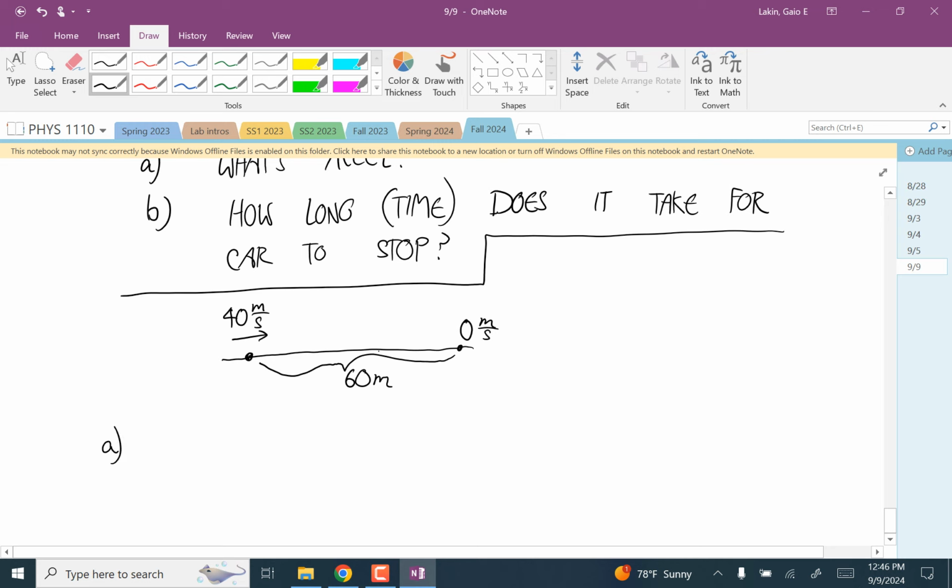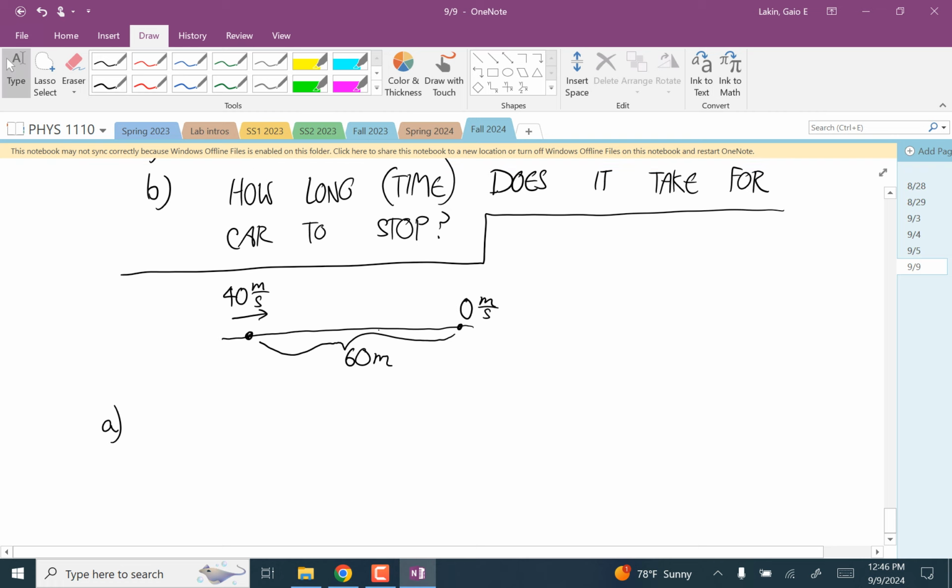Okay, so I'm going to start with part A, and I'm going to think of these as 2 totally separate questions. So first we have to choose where to put our stickers, what our 0 position is, what our positive direction is, and then we have to choose when to turn the stopwatch on and off. It's an interesting fact that you have to make all 4 of these choices, but it doesn't matter to the problem what you choose for your position equals 0 and your positive direction.